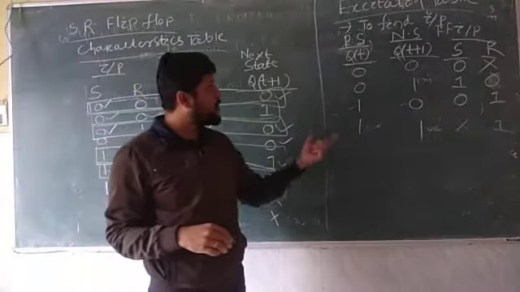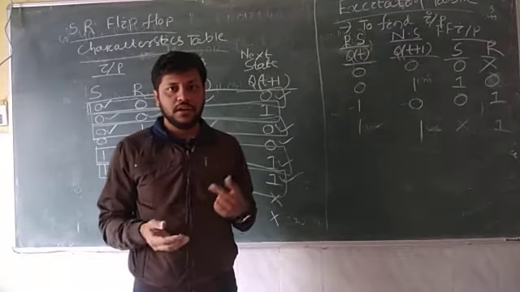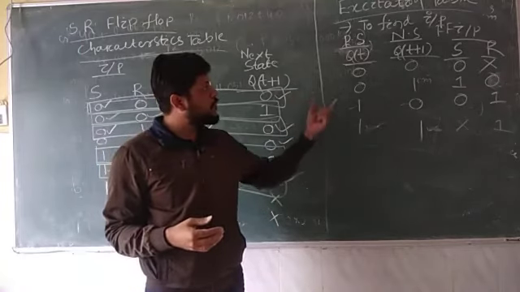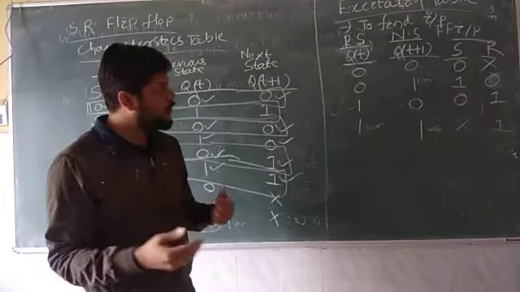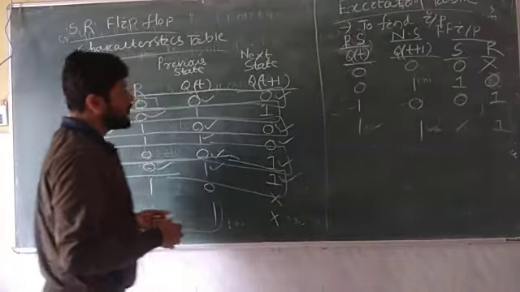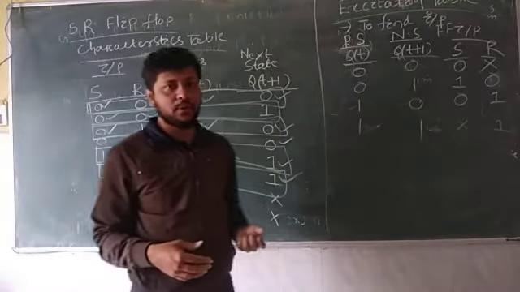This is very, very important. Please understand this, and if you are unable to understand it, you can ask me. We are going to use it in designing asynchronous and synchronous counter circuits. So students, kindly remember how to find the excitation table.